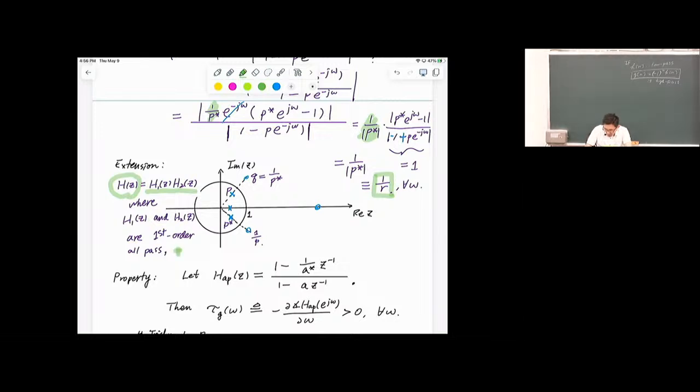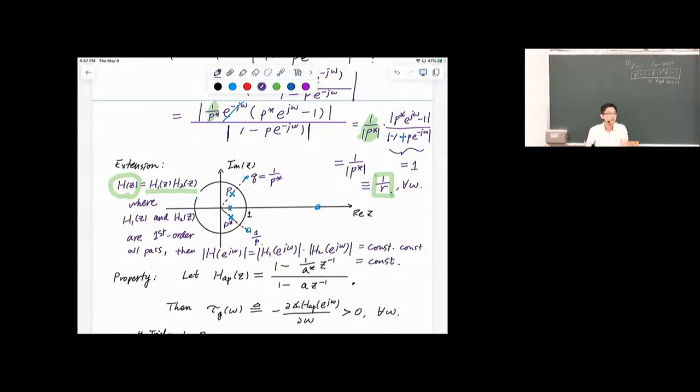Now, for the product system, H(e^{jω}) is simply H1(e^{jω}) times H2(e^{jω}), which is constant times constant. This is a sloppy notation, but you know what I mean. The result is still a constant magnitude response.